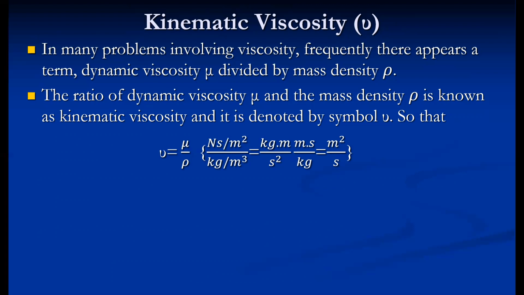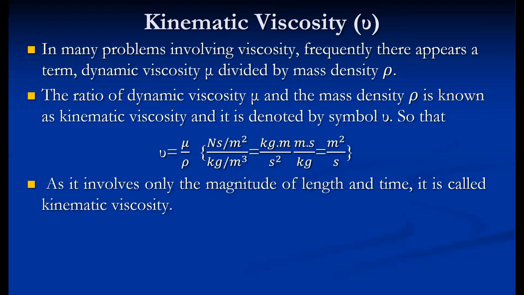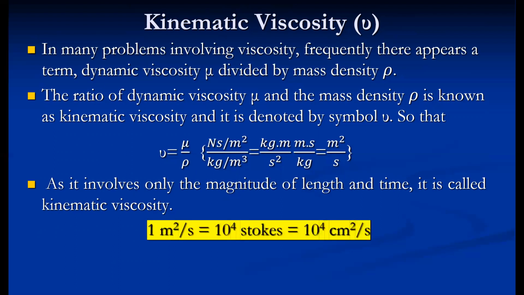Its unit is meter square per second. So there is no force term, no kg term involved here. That's why it is called kinematic, because kinematics is all about length, time, and speed. It has nothing to do with the forces involved. So that's why this viscosity term is called kinematic viscosity, as it involves only the magnitude of length and time.